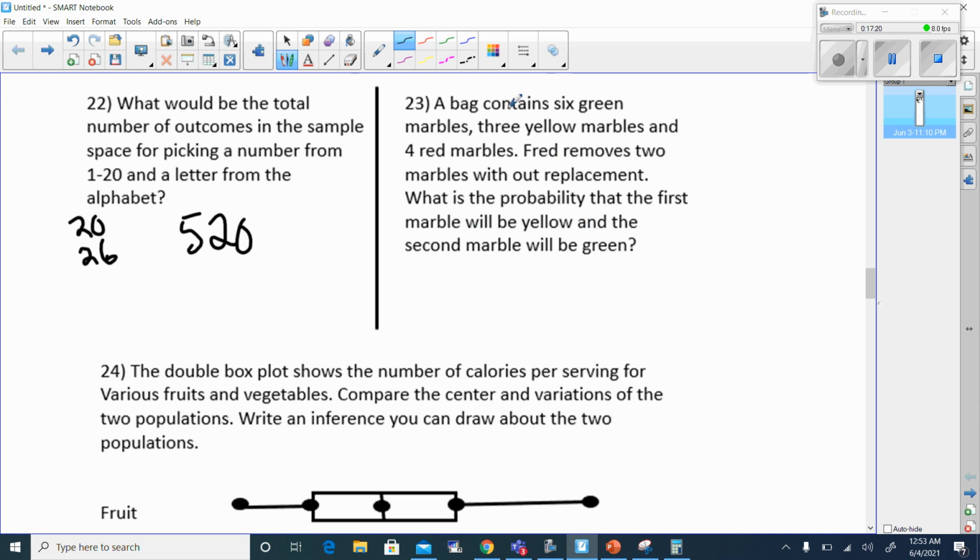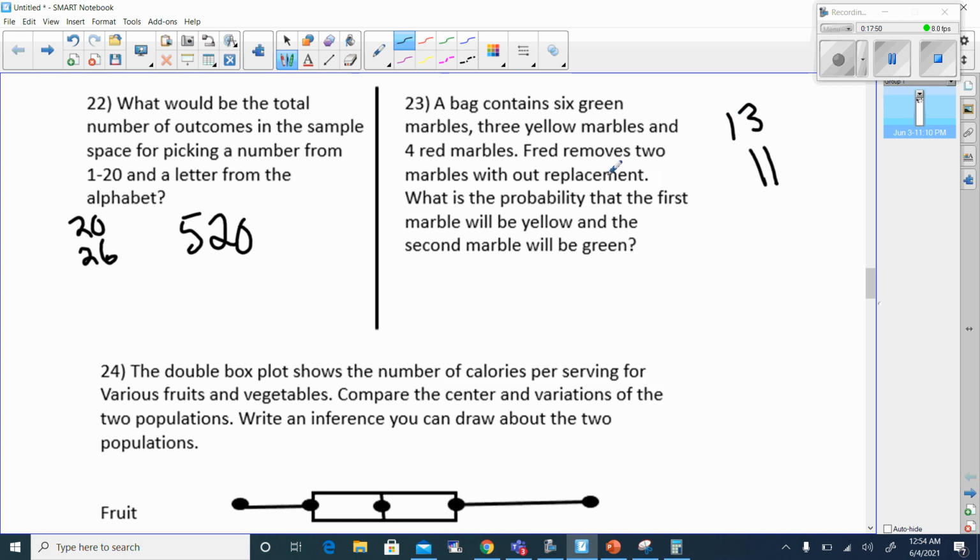Wow, okay. 6 and 3 is 9. 9 plus 4 is 13 total marbles. Fred removes 2 marbles without replacement.